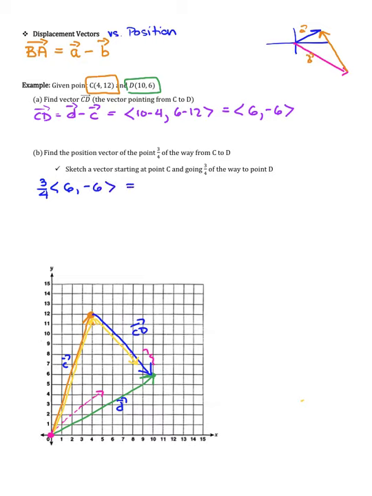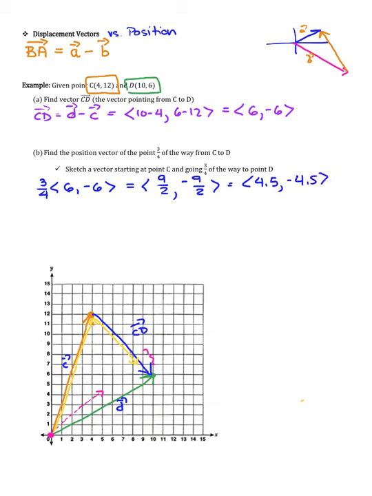So when I do that, we have 18 divided by 4, which reduces to 9/2, and then negative 18 divided by 4. So I guess you could write this as 4.5, negative 4.5.